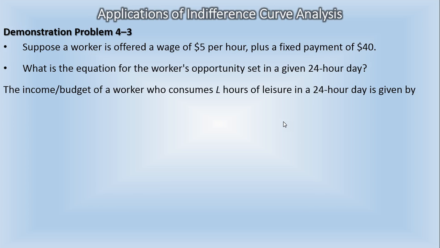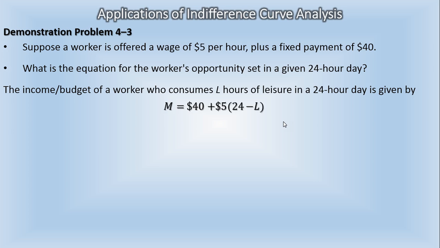So the variable here is going to be hours of leisure, which we represent by L. The budget of a worker who consumes L hours of leisure in a 24-hour day is given by, income again is represented by M. So she gets a $40 fixed payment plus the $5 wage times the amount she works, which is going to be equal to 24 minus L. Right?